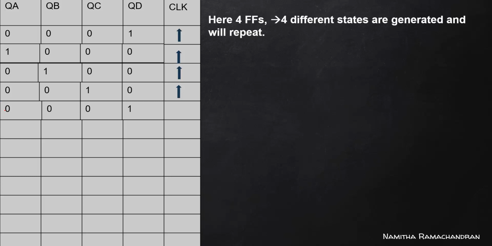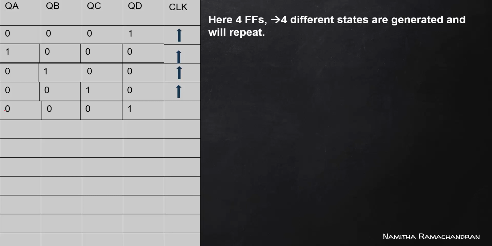So in a 4-bit ring counter, after the fourth clock pulse, it will start repeating the previous pattern. Here we have 4 flip-flops in that ring counter, so it generates 4 different states and it will start the same pattern again and again after each 4 clock pulses.